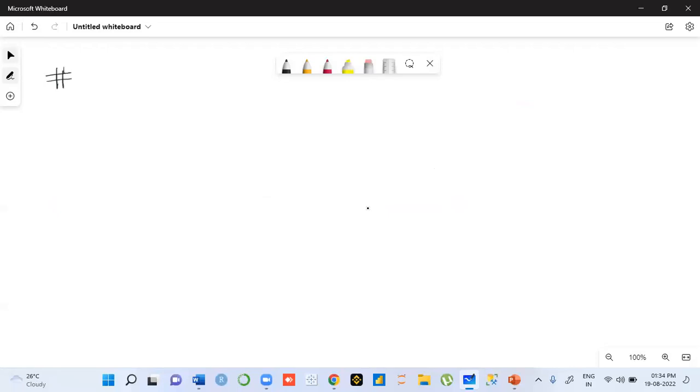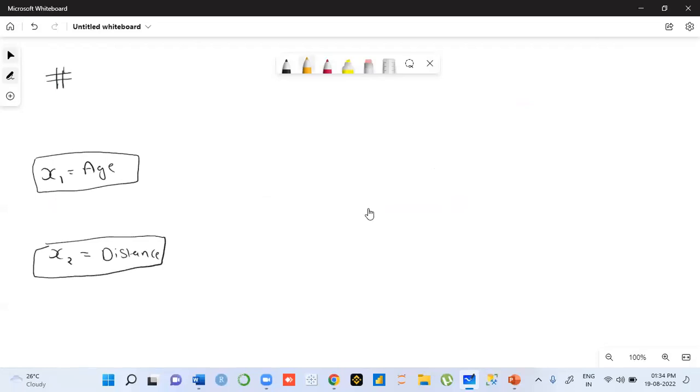I'm taking 2x, guys. x1, x2. ये clear हो गया? Should I write the name over here? Age. और एक हम लेते हैं distance. ये clear है, guys? They come under which layer, guys? Input layer. Understand the logic.